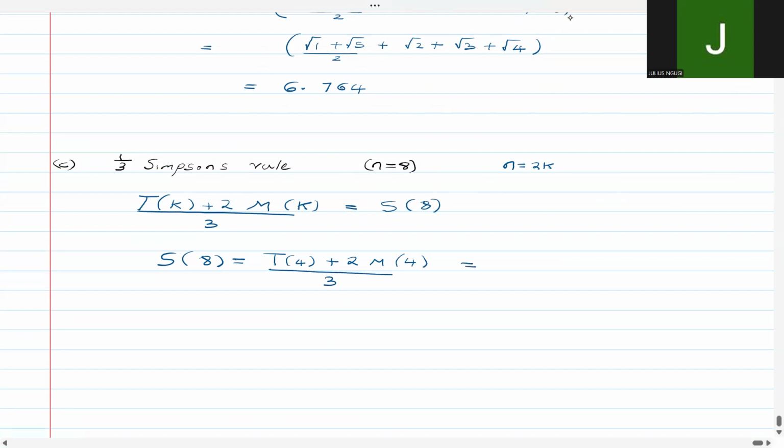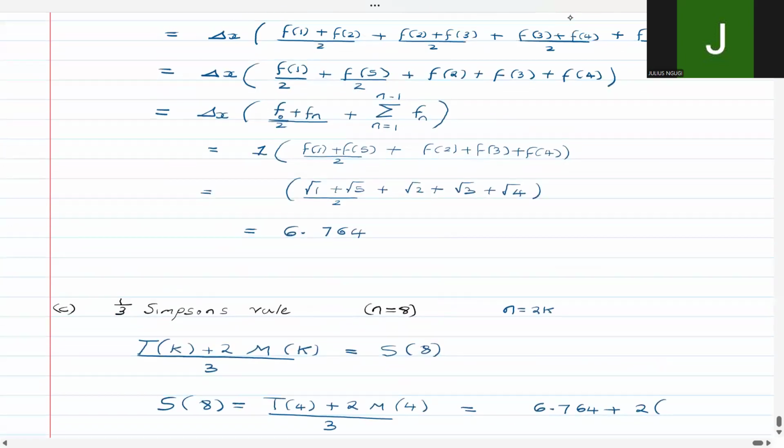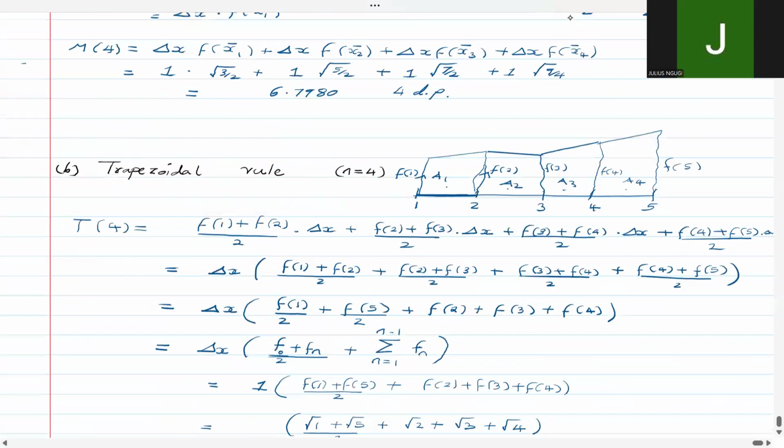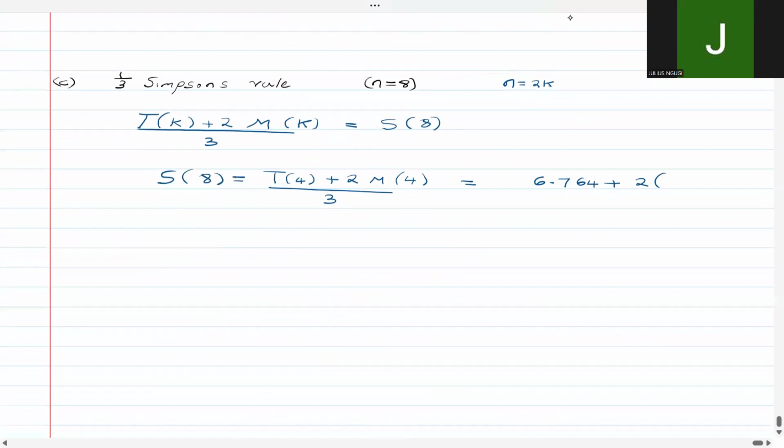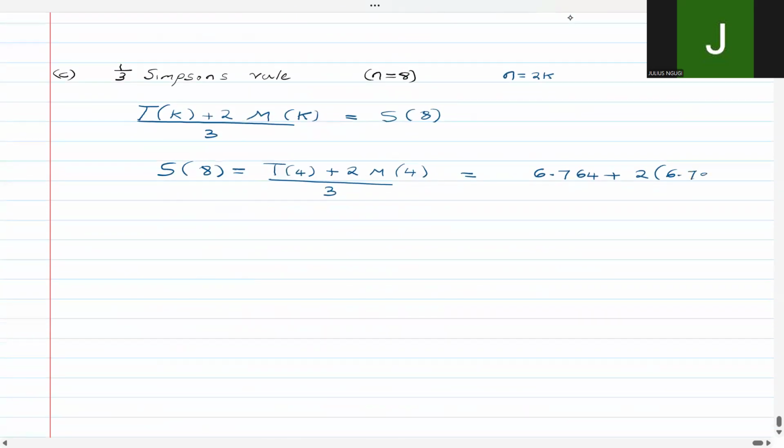So when we have both answers, for the trapezoidal, we have 6.764 plus twice the midpoint, which was 6.7980, all of this divided by 3. And this answer results in 6.787.